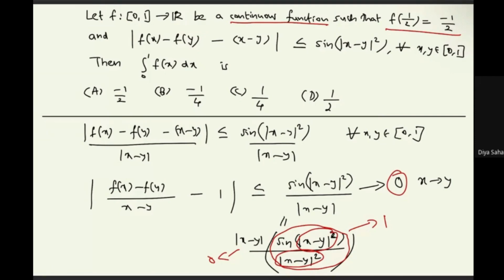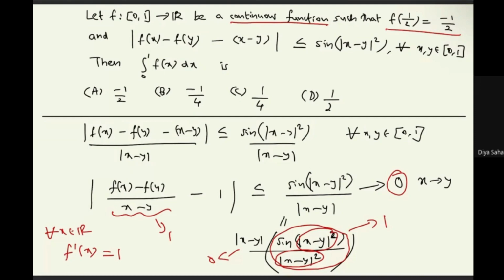So that means this thing tends to 1 from this inequality. What does that tell you? f dash x is 1 for every x. Regardless of what x is, that limit is 1.